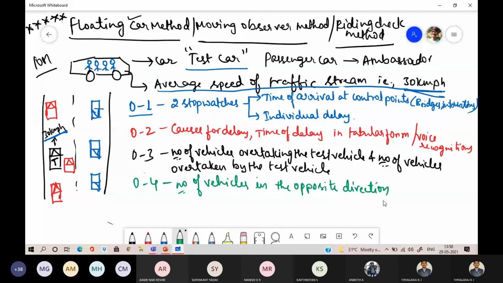What do you mean by overtaking and overtaken? Any idea? Am I audible or not? I'm feeling that I am not audible.